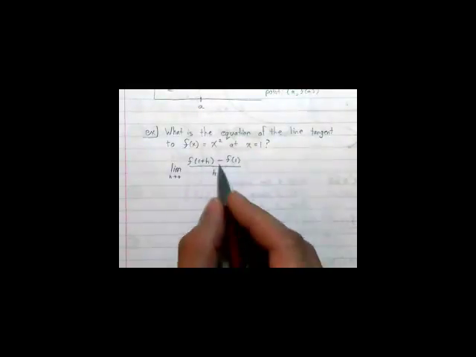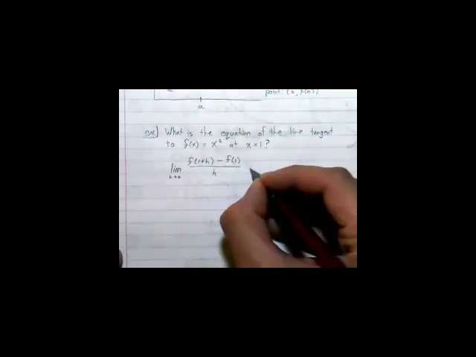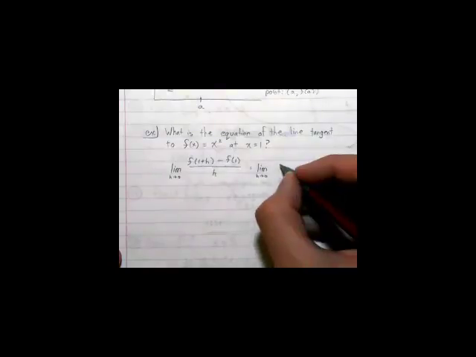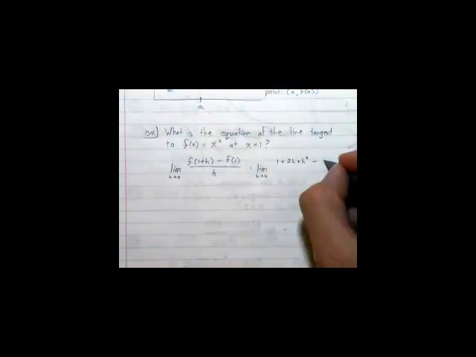Because we're finding it at x equals 1, so 1 plus h and 1. All right, so 1 plus h squared is 1 plus 2h plus h squared. And then f of 1, well, what's f of 1? 1, okay.